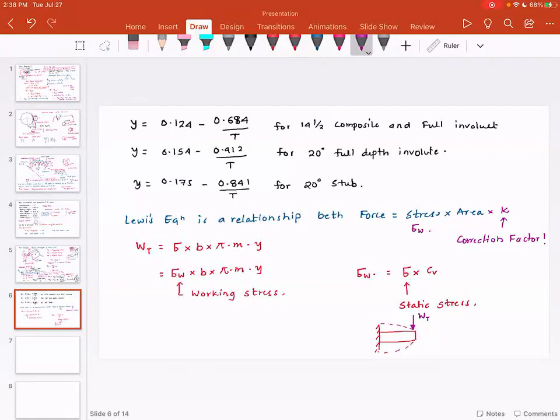So you cannot use a static stress property of the material when the material is loaded under varying or fluctuating or changing or traveling load.